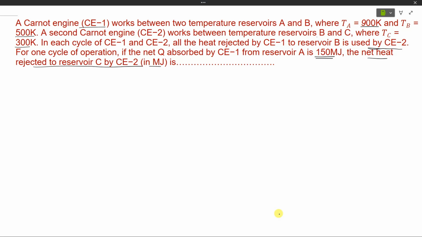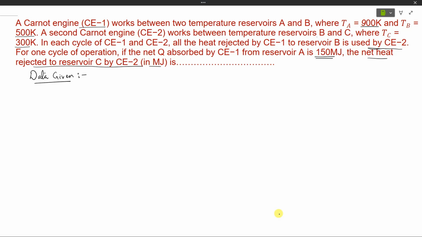So before we solve the given numerical, let's understand the statement of the numerical as per the data given. So let's write down the data given here.